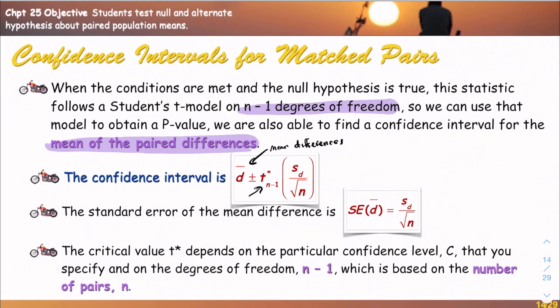The standard error, just like we said before, is the standard deviation of our differences over the square root of n, where n is the number of pairs, and the critical value depends on a particular confidence level C that you specify and on the degrees of freedom n-1, which is based on the number of pairs n, as opposed to the number of samples you have. And this is where you use inverse t to do your calculation.